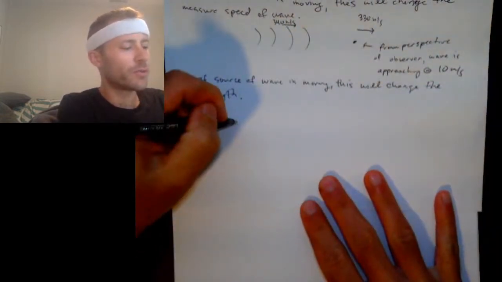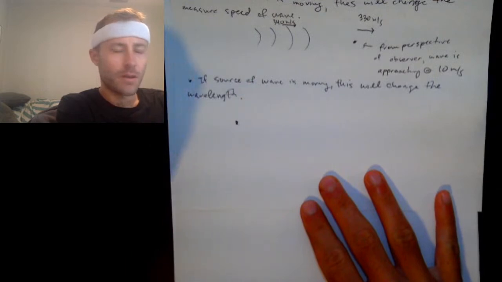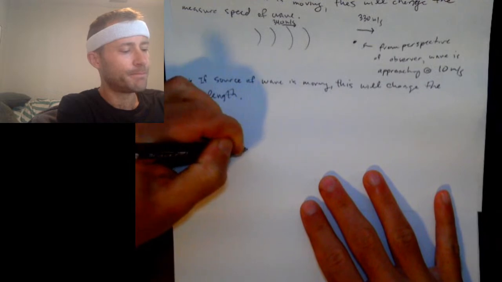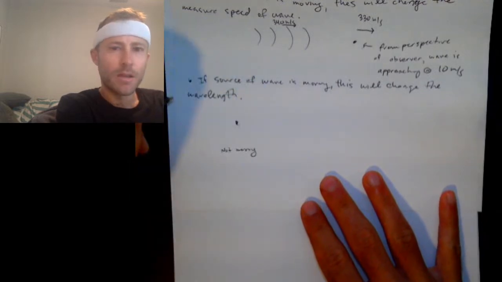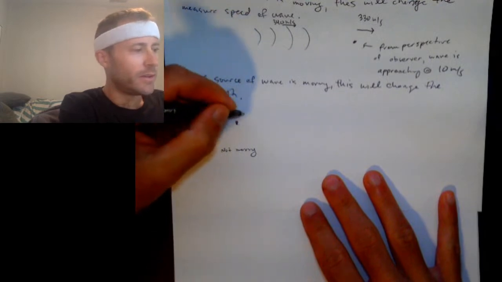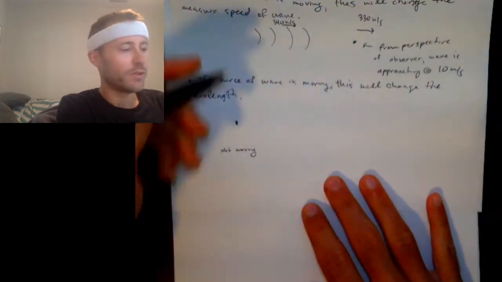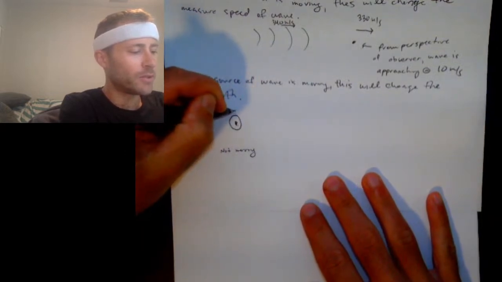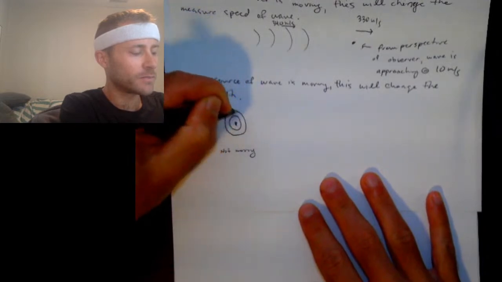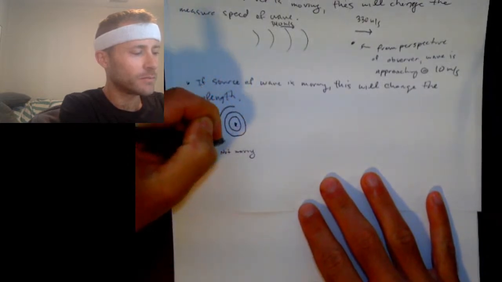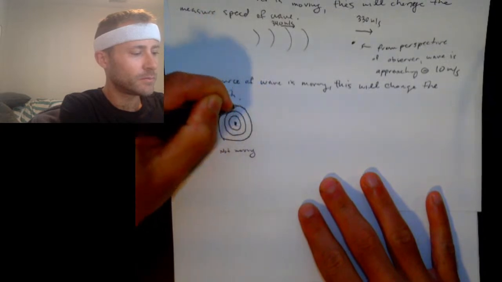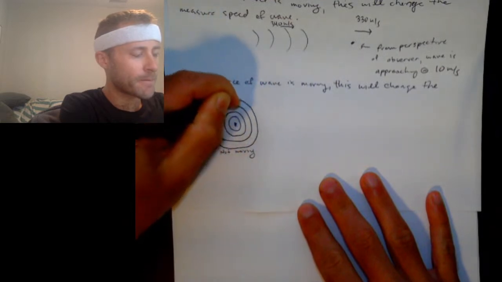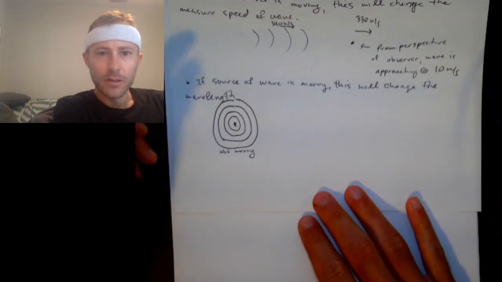Let's suppose I have a source of a wave, and the source is not moving. If the source is not moving, then if we were to look at the wave fronts, the waves that are being emitted, they are basically a bunch of concentric circles. Like that.